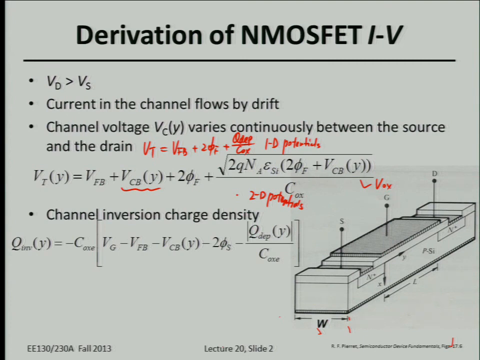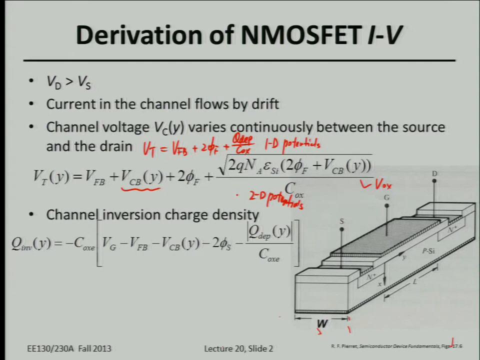But if you shift your attention around here, where you have a maximum VCB value, you're going to have a larger potential contribution from the drain terminal, which reaches maximum depletion width as well as depletion charge concentration here.